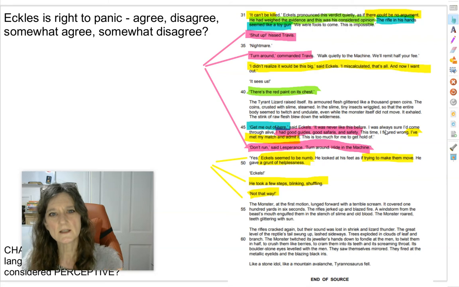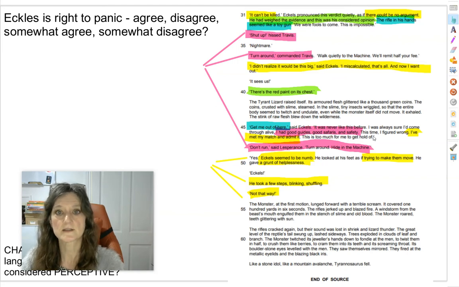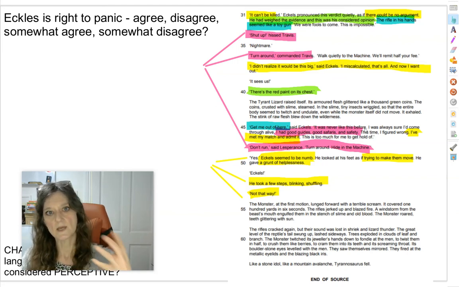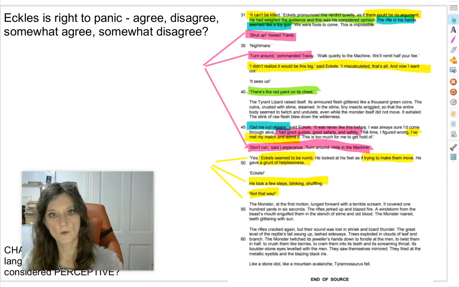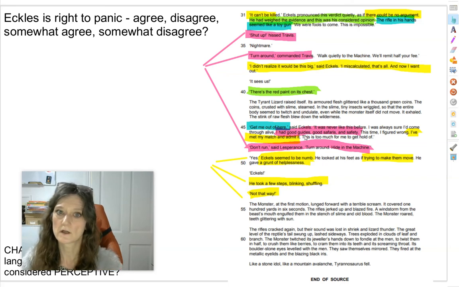You really, really need to dig for your inference here. Eccles says, "I had good guides before." He's talking about good safaris and safety. Eccles is thinking back to when he's been on safari before, and he's praising the guides, good safaris, safety. He's saying that's what happened to him before. He's suggesting that he doesn't have confidence in these guides now. He's saying before, I had good guides; now I don't think that I have good guides.